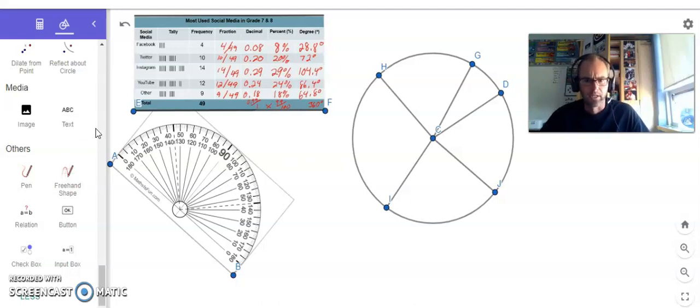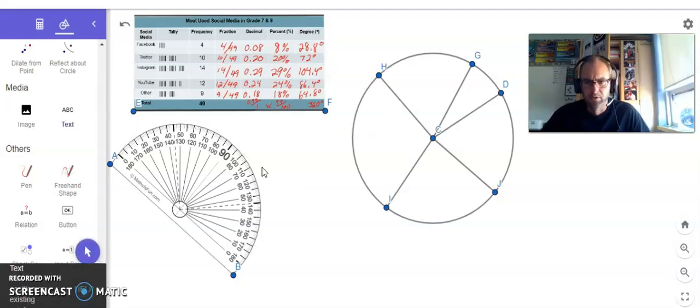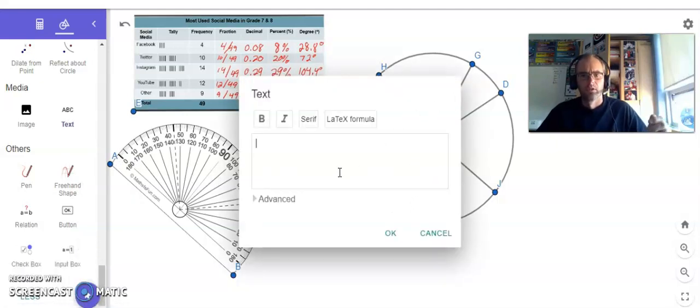Anyway, I'm going to write my scores in. In a circle graph, you can write them on the outside or the inside. I'm not going to color this in for you, but it would be nice to color them in. So let me just label this. This first one was 28.8 degrees.